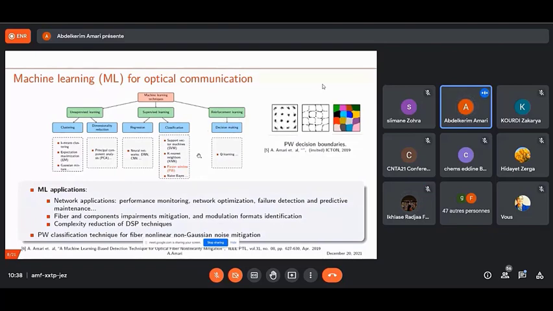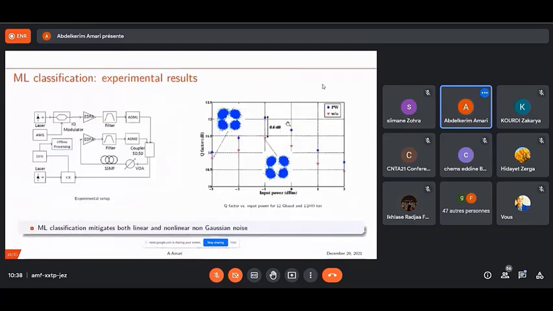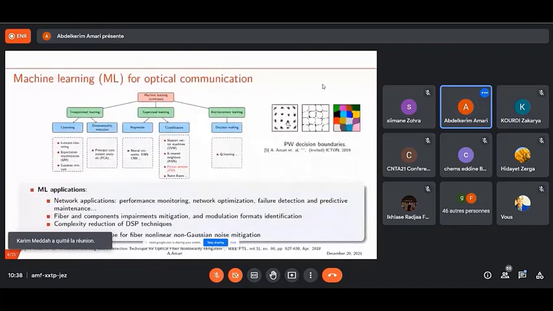And so in this work, I use this classification technique to compensate for the nonlinear effect in the optical link. The main idea is to design nonlinear decision boundaries more adapted to the nonlinear fiber channel using a training sequence.